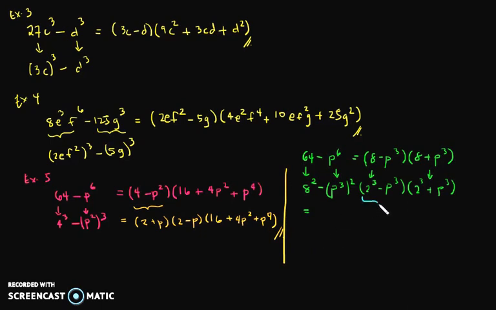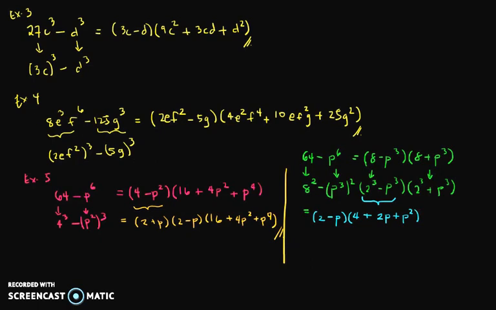For this expression, we have 2 minus p, quantity square of the first, so that would be 4, plus product of the first and last is 2p, and then square of the last, that is p squared.